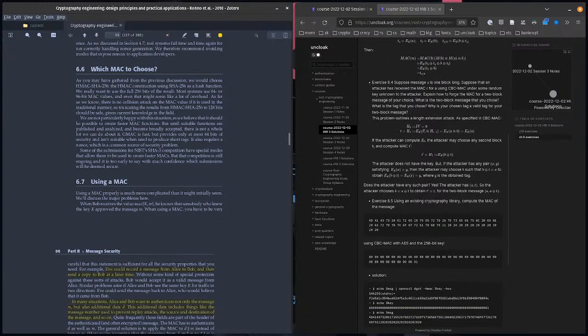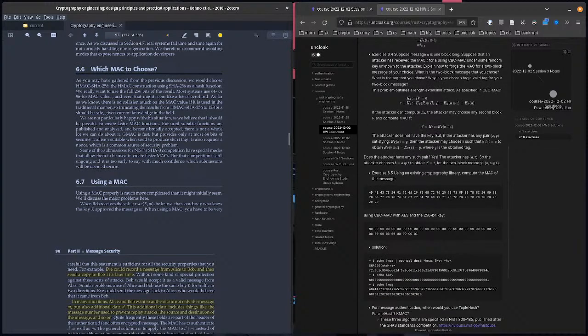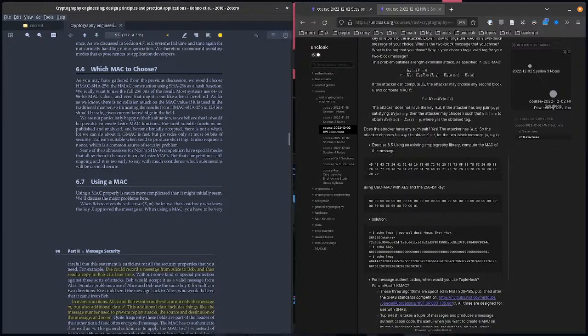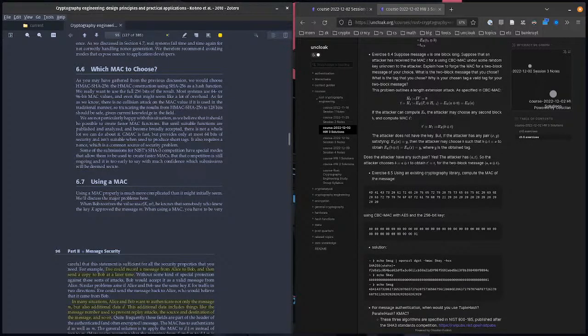Going to section 6.4. So this attack was basically the case that the attacker doesn't actually need the key to recover the message. They can do that by saying, well, I have this tag and I have this message. And again, it's an attack on CBC-MAC.